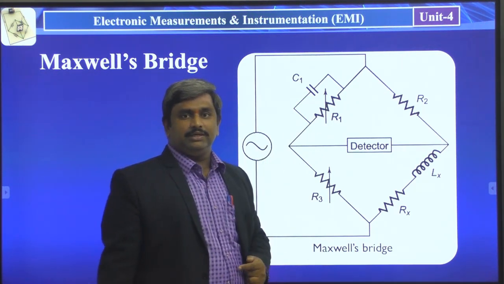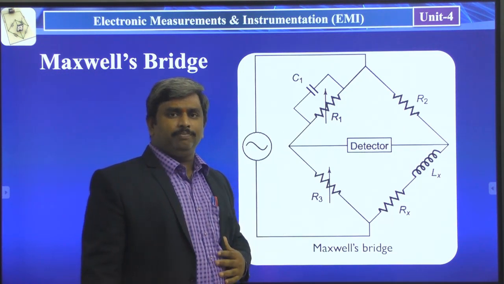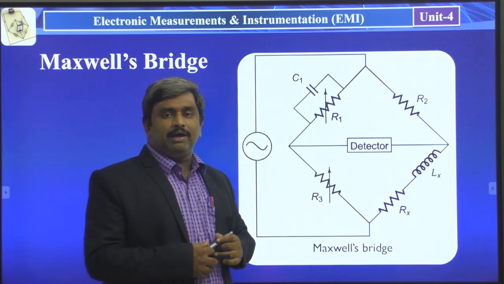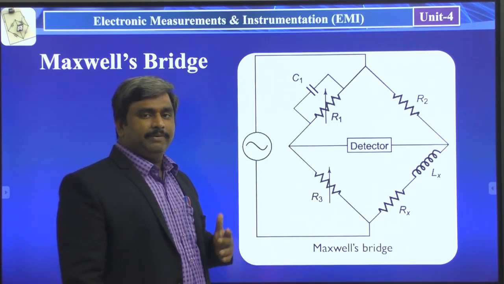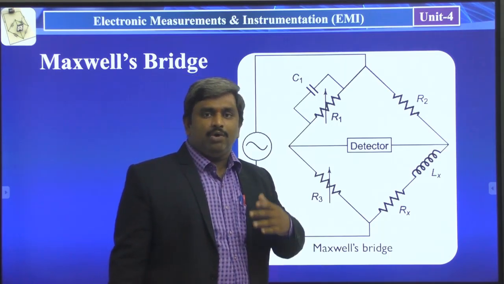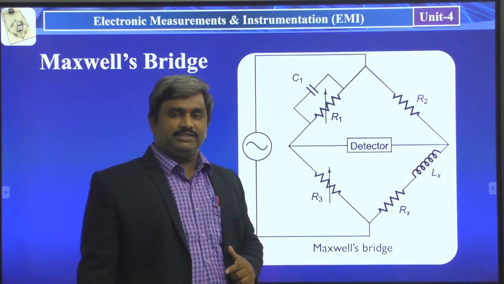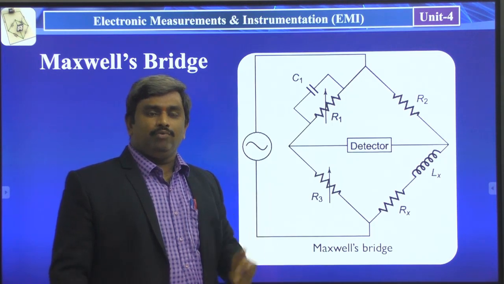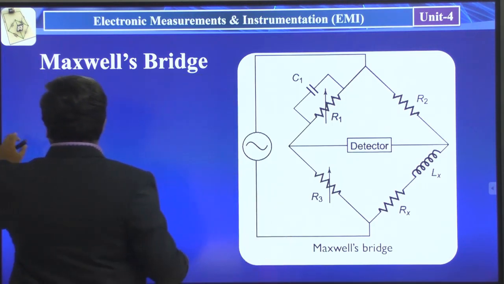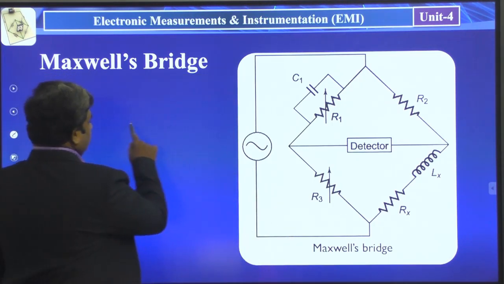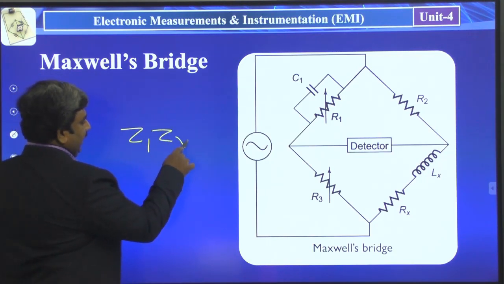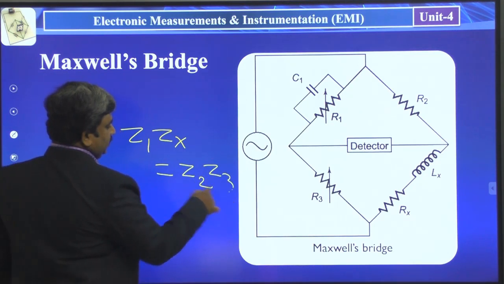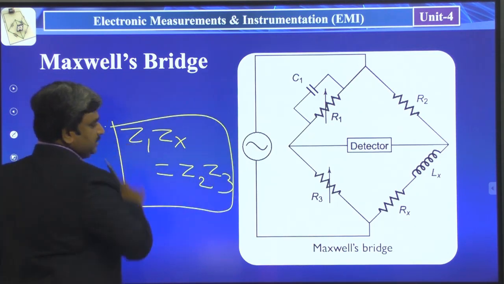Now let us see the operation of Maxwell's bridge. We have to take the bridge balance condition. The bridge balancing condition for AC bridges we take in the form of impedances: Z1 Zx is equal to Z2 Z3.